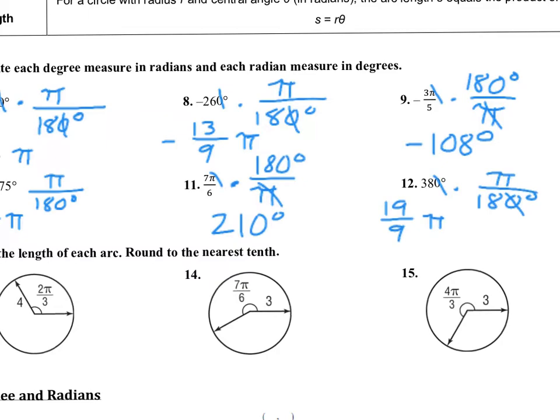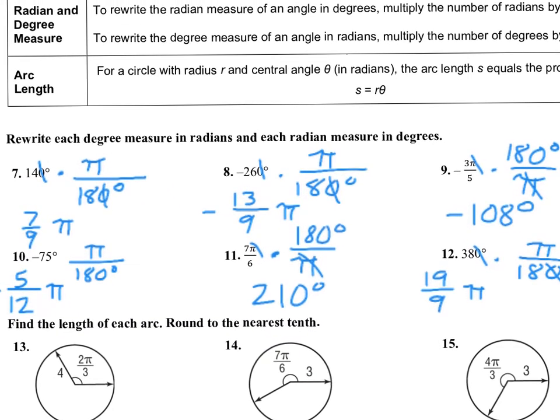Alright, now we're going to learn about arc length. So you learned in geometry that the circumference of a circle equals 2 pi times the radius. Alright, so what if you only wanted part of a circle, which is the arc length?